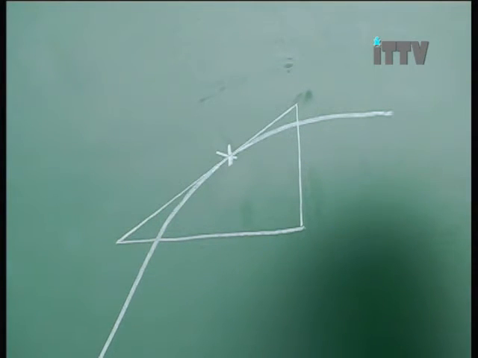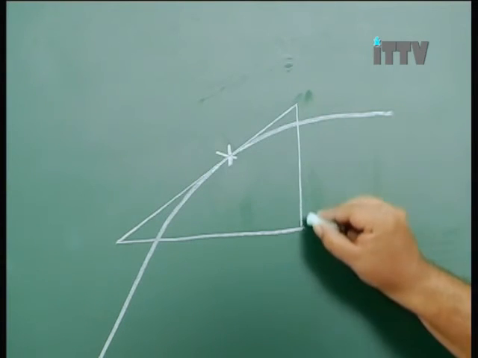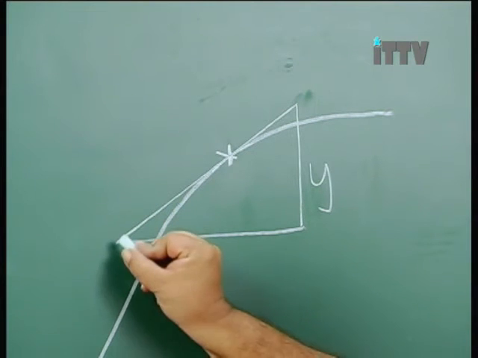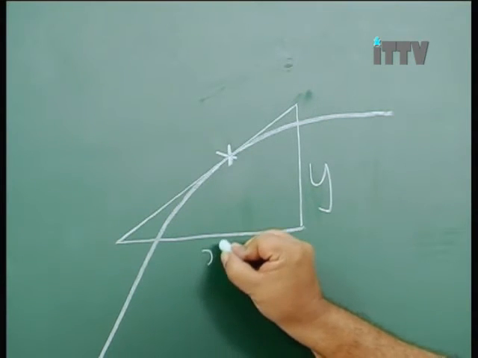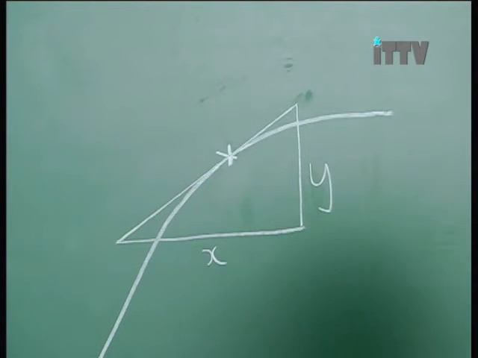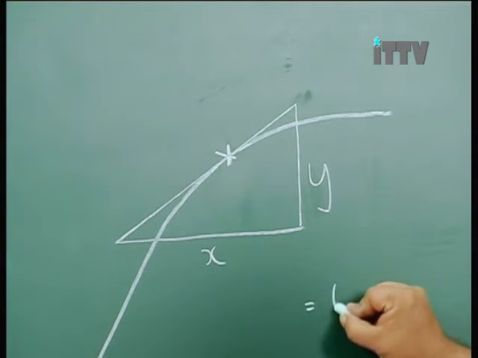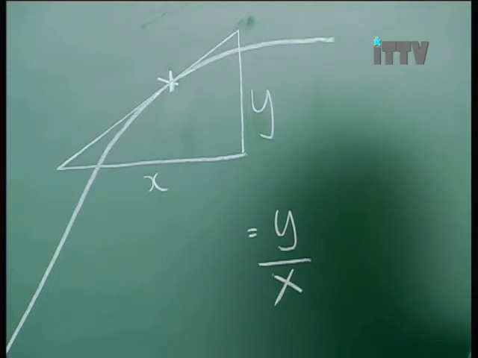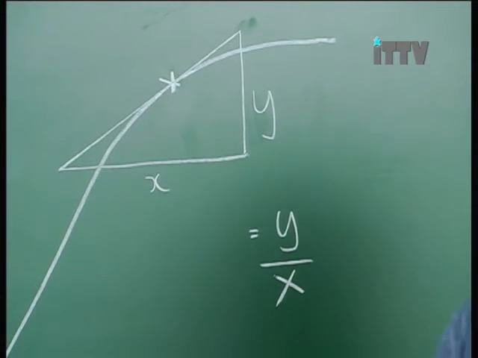Once you've drawn your right angle triangle, you should have some values. You can find out the value here on your y-axis, and you can find out the value here, which is along your x-axis. Now you can calculate the instantaneous rate of reaction using a simple formula, which is y over x, like so. And then you will get the correct answer.